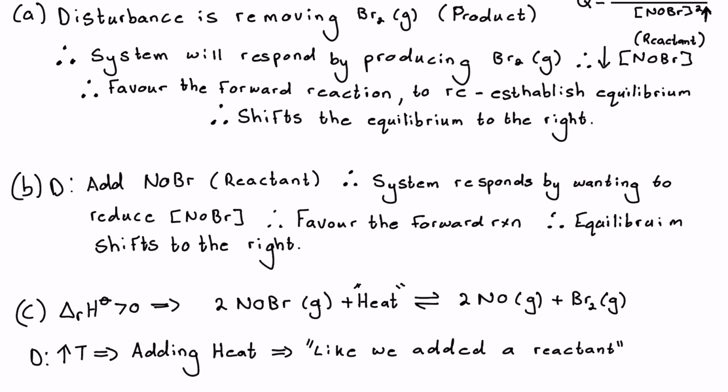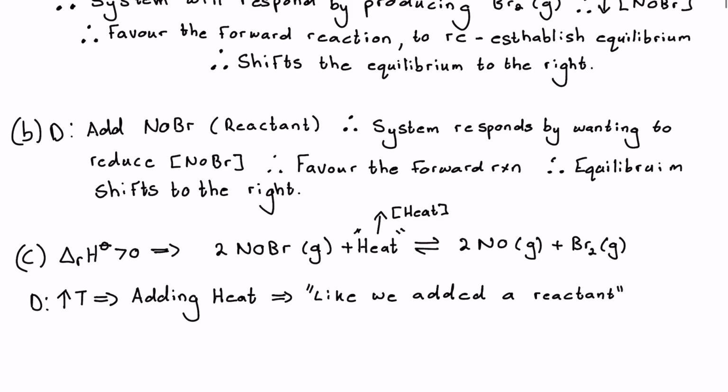The forward reaction is again favored because we increased the amount of heat added in the system, because we increased the temperature. We added the stuff that the reaction needs to proceed in the forward direction. And that's what we're looking at here.